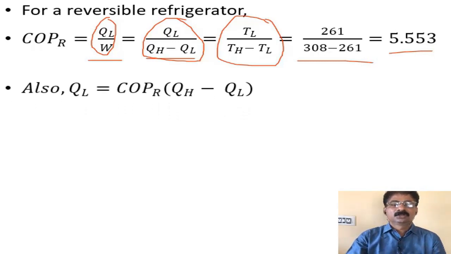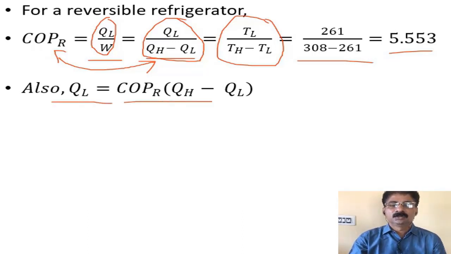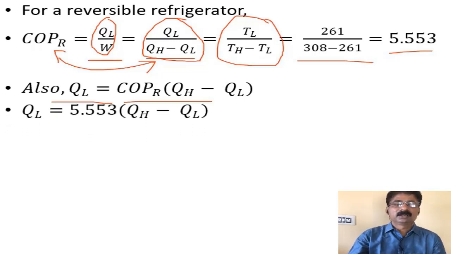Now QL, from these two expressions, QL is equal to COPR into QH minus QL. COPR is known, 5.553.